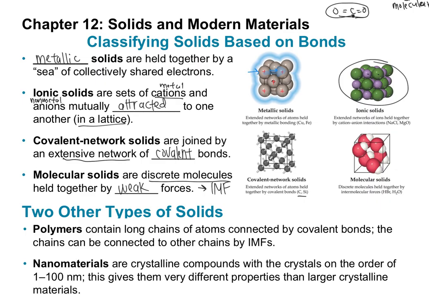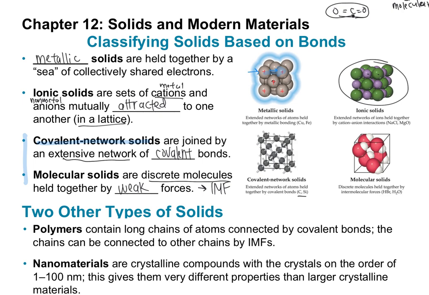Both covalent network and molecular solids might have similar nonmetals in them, but with covalent network solids you'll see a lot more metalloids. For molecular solids, we'll look at their properties to help differentiate between them.